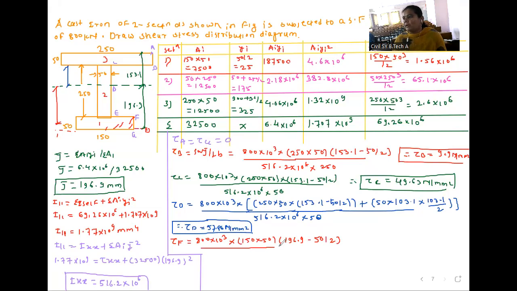Then divide by 516.2 into 10 raised to 6 into, now here width is 150. So tau F is equal to how much?